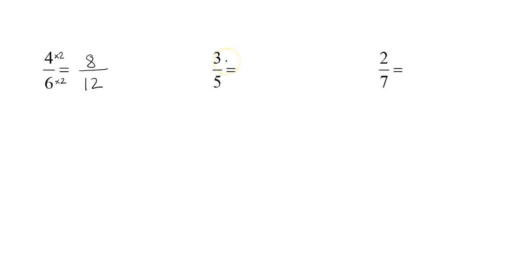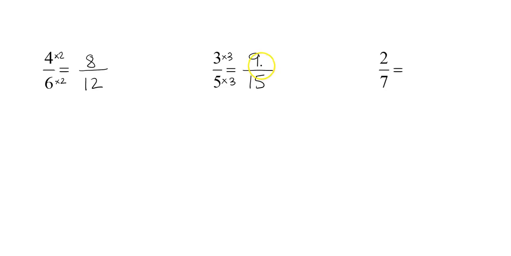With this one here, 3/5, I'm going to multiply both my numerator and my denominator, this time by 3. So it doesn't matter what you multiply by, you'll always get an equivalent fraction as long as these numbers are the same. 3 times 3 is 9, and 5 times 3 is 15.